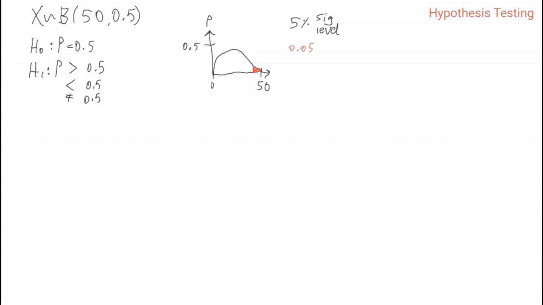Now, if it was less than 0.5, it would be the same, just on this side here. I'm shading it in red, and the sum of these probabilities would also be 0.05.